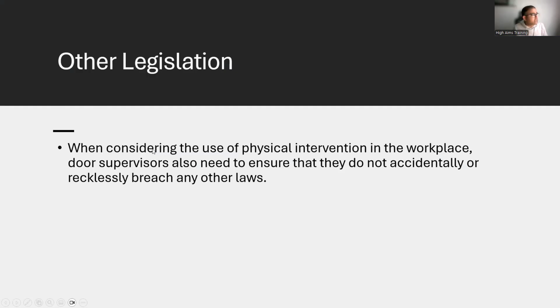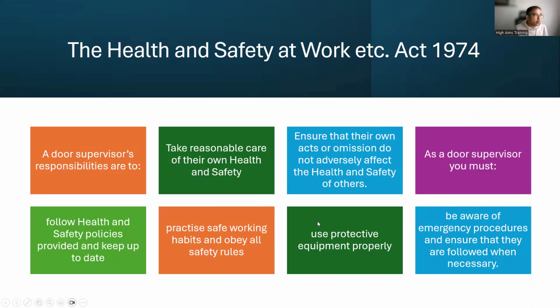Now, other legislation. When considering the use of physical intervention in the workplace, supervisors also need to ensure that they do not accidentally or recklessly breach any other laws. What is the other law? The main law is the Health and Safety at Work Act 1974. As a door supervisor, you are responsible to take reasonable care of your own health and safety.